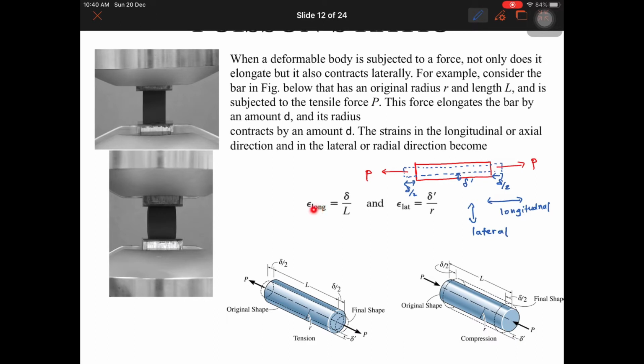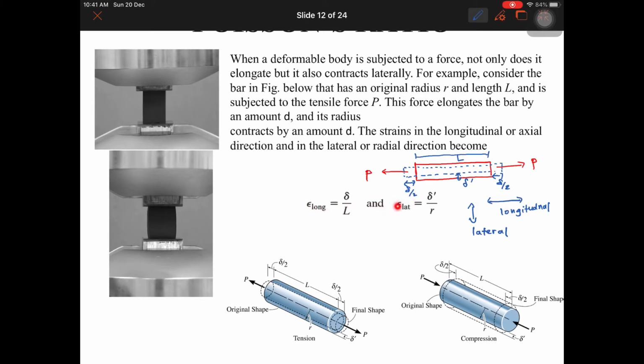So the strain, remember, is elongation over original length. Elongation is δ/2 plus δ/2, so you have δ over the original length, which is L. This is the strain in longitudinal.